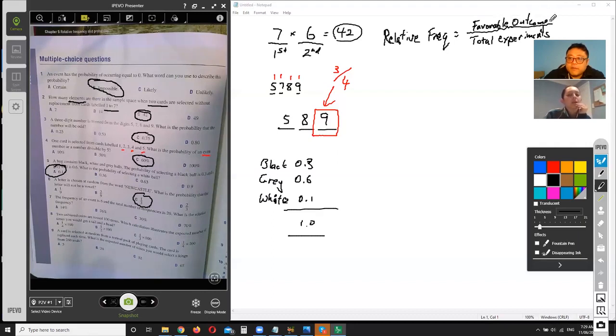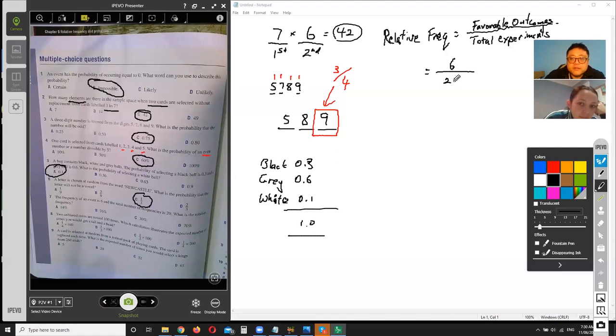Can you read the question? The frequency of an event is 6, so something we wanted to see happened 6 times. The number of times we did the experiment was 20. What is the relative frequency as a fraction? 6 over 20.